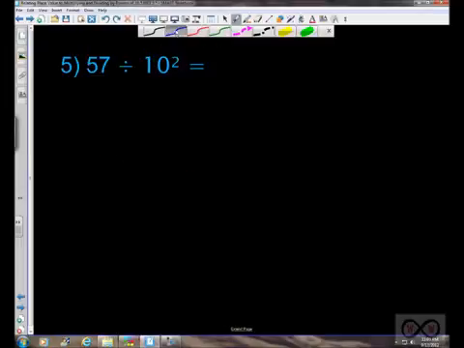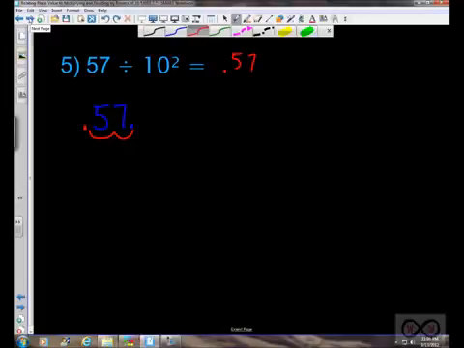Good for you. Now you've got 57 divided by, kind of changed operations on us, and it's divided by 10 to the 2nd power. So remember, when we were dividing by powers of 10, that decimal point seems to move to the left 2 places, and it would now land here. So we're looking at 57 hundredths. That's the answer to that.